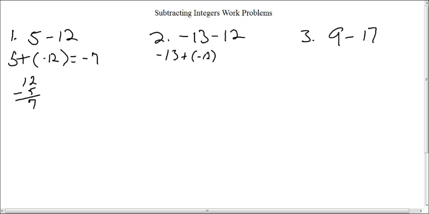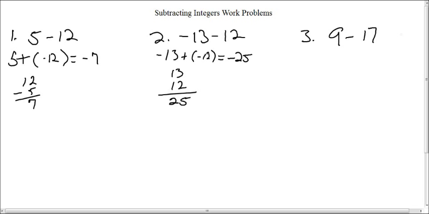If the signs are the same, you add the absolute values. The absolute value of negative 13 is 13. The absolute value of negative 12 is 12. You get 25, and you keep the common sign. Both are negative, so your answer is a negative 25.